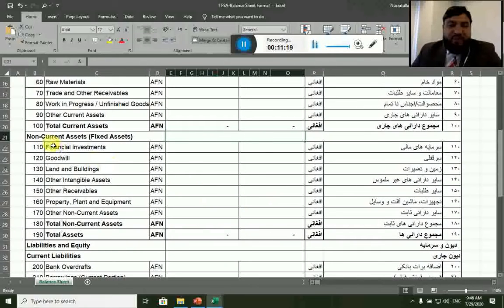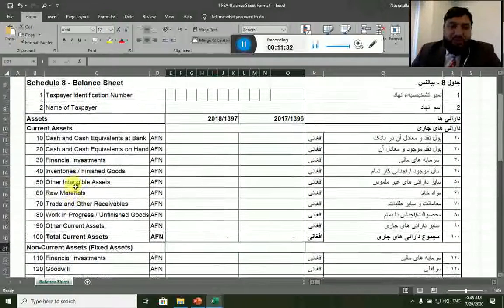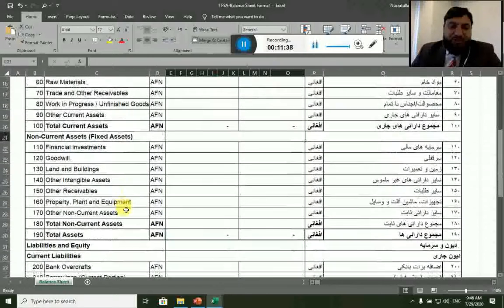Now we have non-current assets here. Financial investments, long-term financial investments, goodwill of the company, land and buildings, other intangible assets, other receivables. Look, here we have receivables as well, but those are short-term, and these are long-term receivables which we will receive in more than 1 year's time in the future.